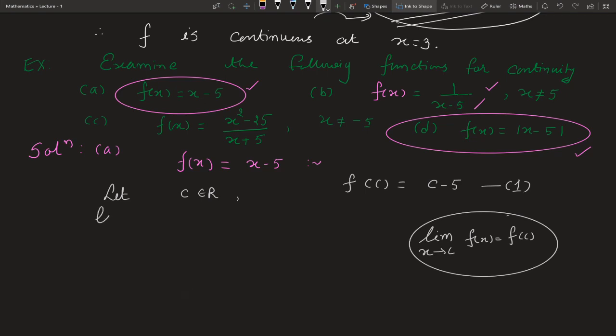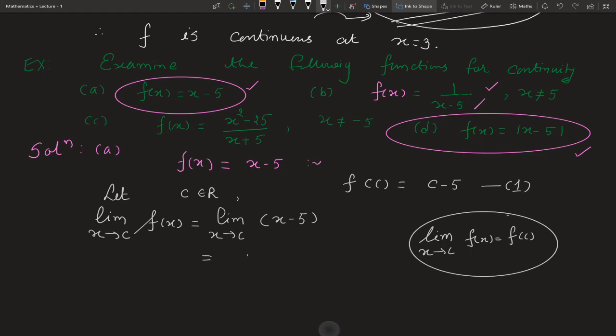So limit x tends to C, f of x equal to limit x tends to C, value of the function x minus 5. Now we know how to evaluate this limit.